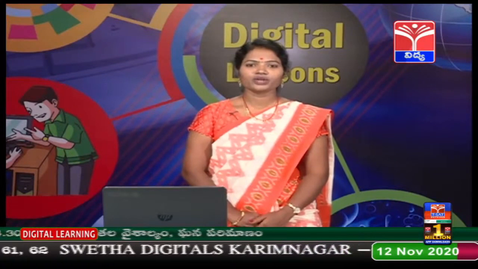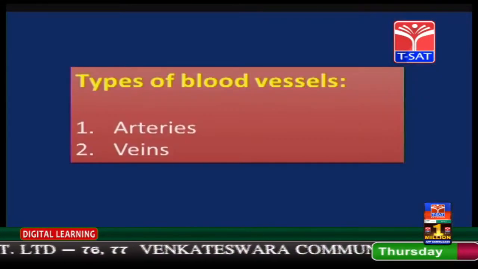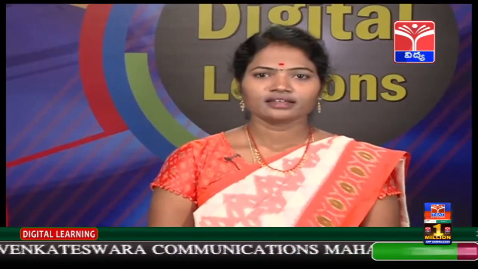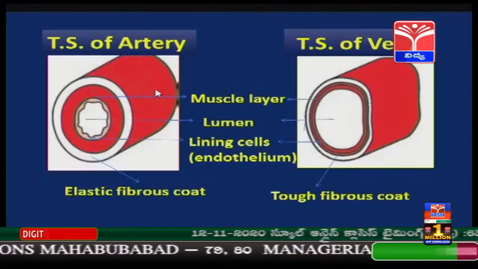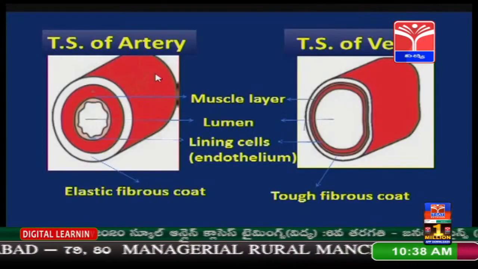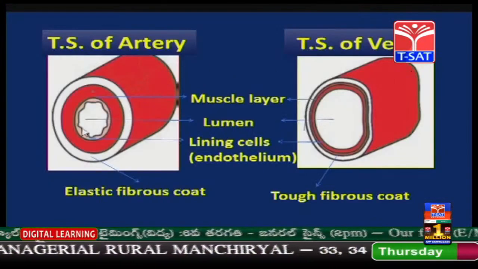Children, after knowing the discoveries of the scientists, we can state that there are two types of blood vessels. They are arteries and veins. Let us see the structure of the arteries and veins. Observe the pictures of artery and vein.